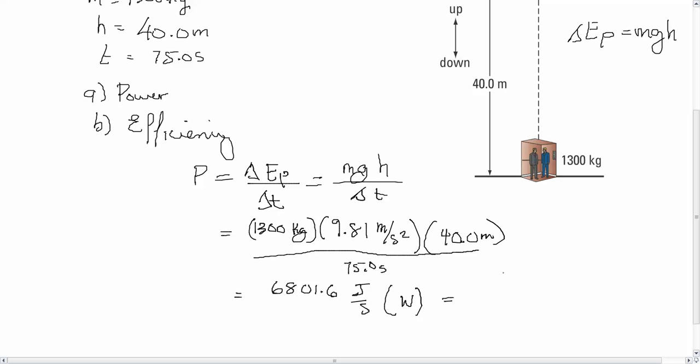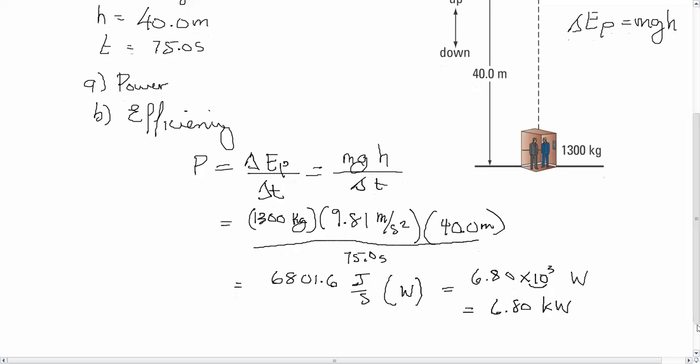We can round this to 6.80 times 10 to the 3 watts. We can also recognize that 10 to the 3 gives us kilowatts, so we have 6.80 kilowatts. Either of those answers is acceptable.